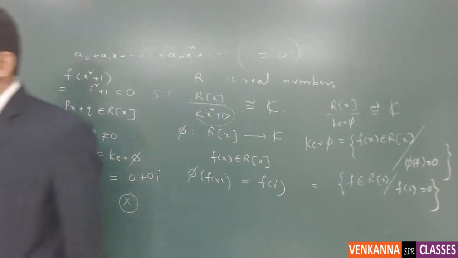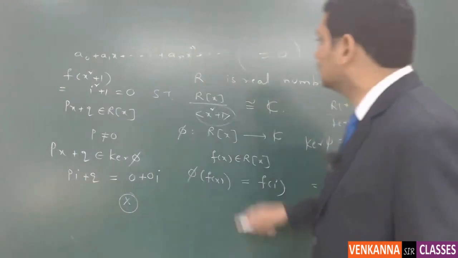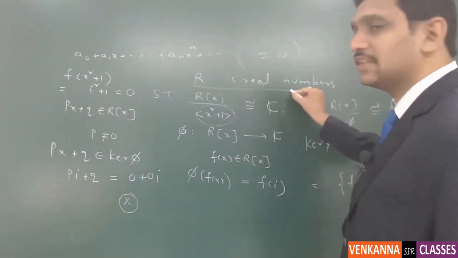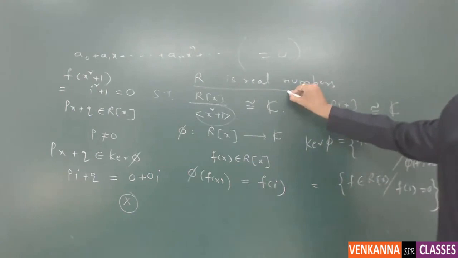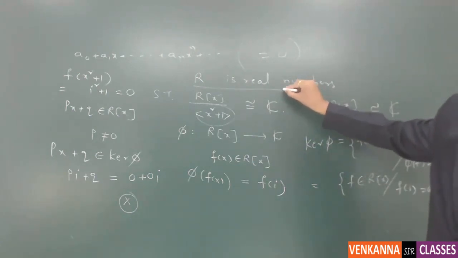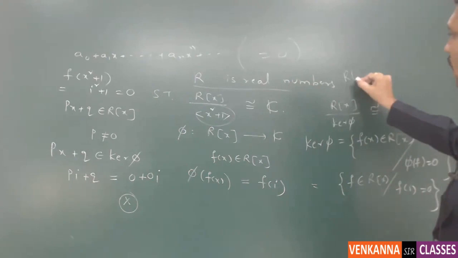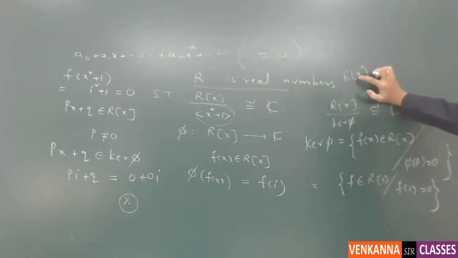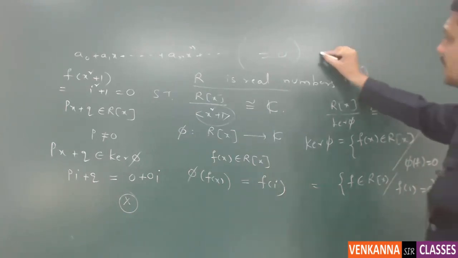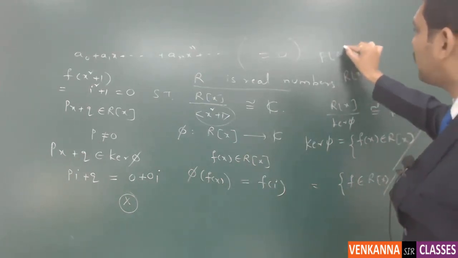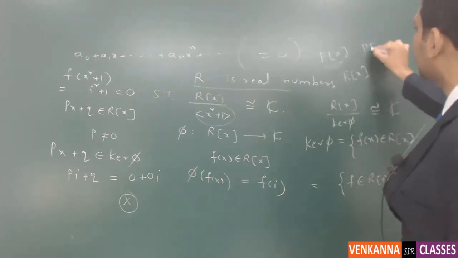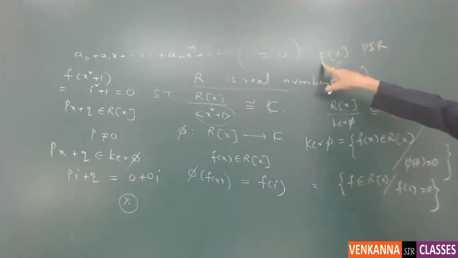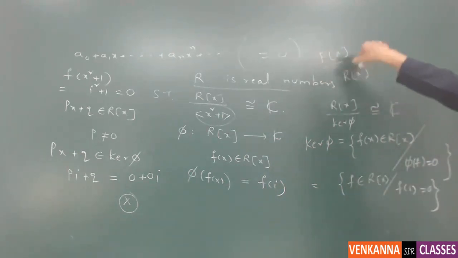Now, we know that the real numbers form a field. So, R of x is the polynomial ring over the field R. In yesterday's class, we discussed that if you take F as a field, the polynomial ring F of x is a principal ideal ring.